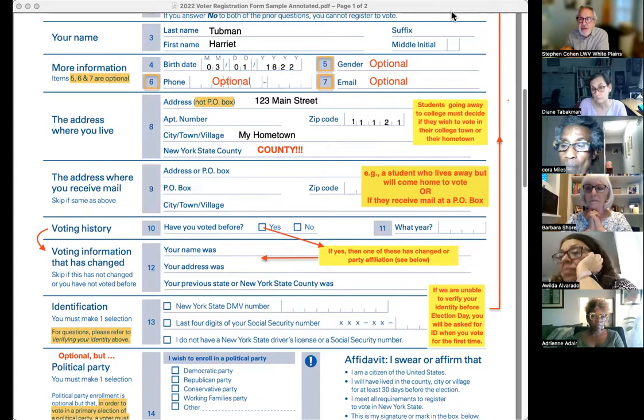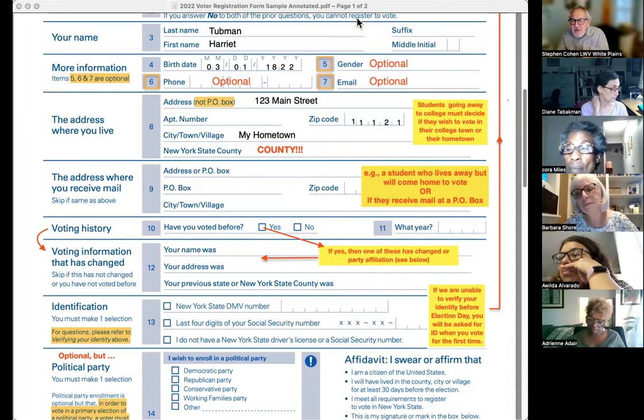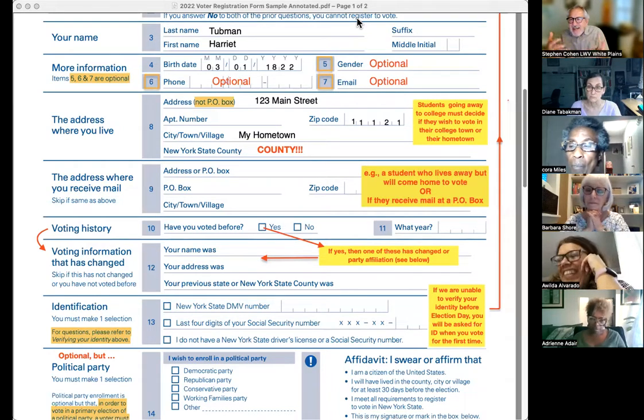If they move, and they're hanging their hat someplace metaphorically, and the deadline for changing your registration passes, and they then send a change of address to the Board of Elections, the Board will say okay, this is fine, and it'll be effective for the next election and not this one. It kind of gets mind-boggling with all of this. Understandably so, I get it.